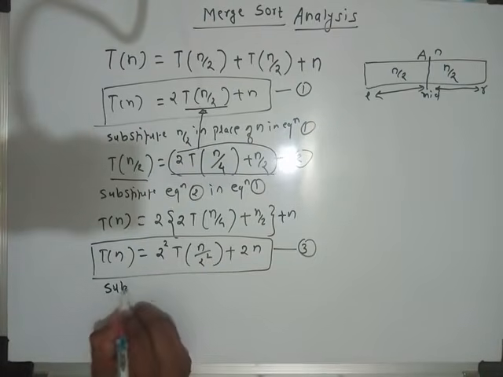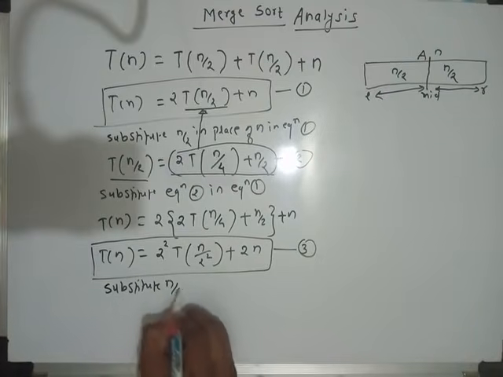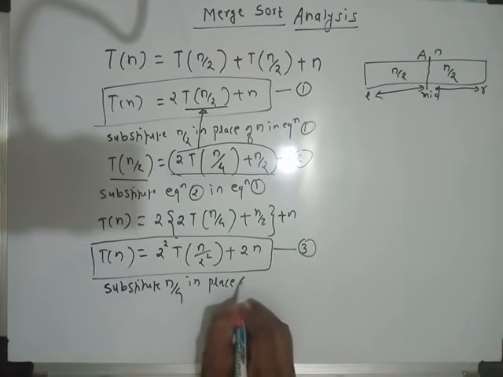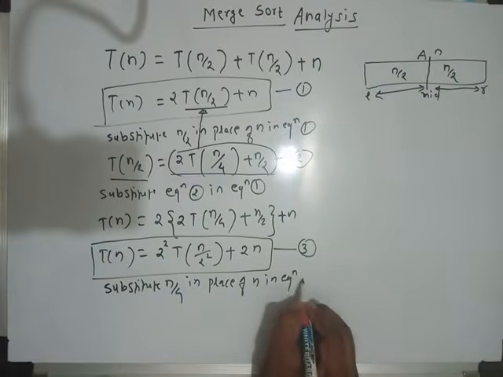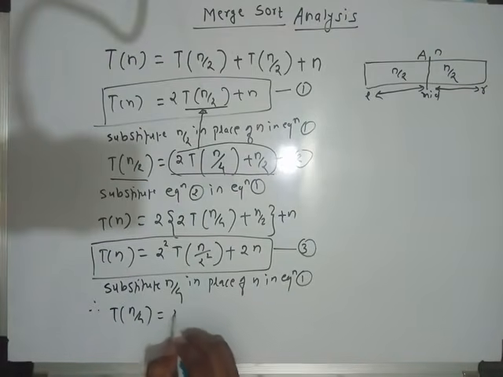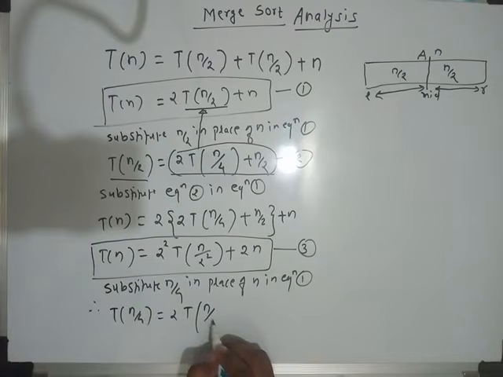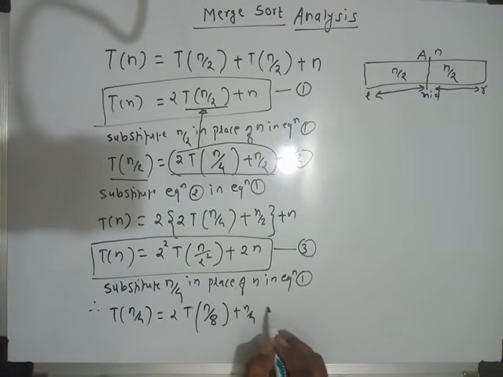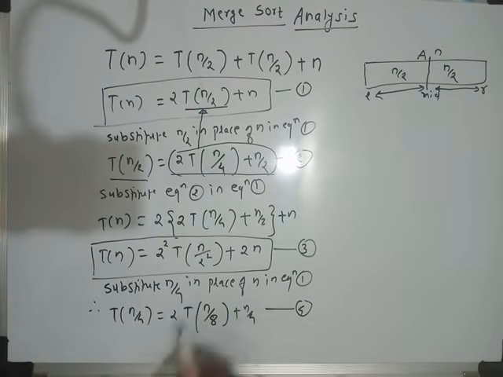So equation 1 becomes t of n by 4 equals twice t of n by 8 plus n by 4. That will be equation 4, let's say, and we substitute this equation 4 back in equation 3. So equation 3 becomes t of n is equal to 2 square.